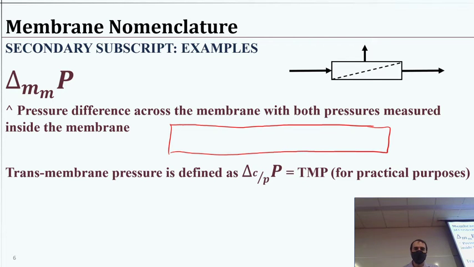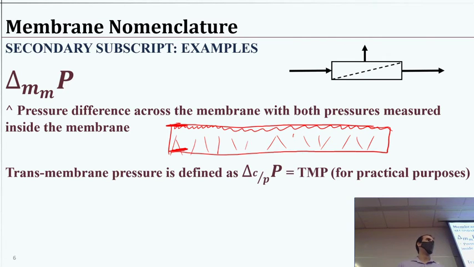If this is our membrane, and maybe we have the separation layer here, and then more of a supporting structure here with larger pores and everything, then maybe we're interested in measuring that pressure difference across the membrane. To describe exactly this, we would need a pressure gauge here and a pressure gauge here inside the membrane, measuring that difference from one side to the other. That's my understanding of what it's talking about.